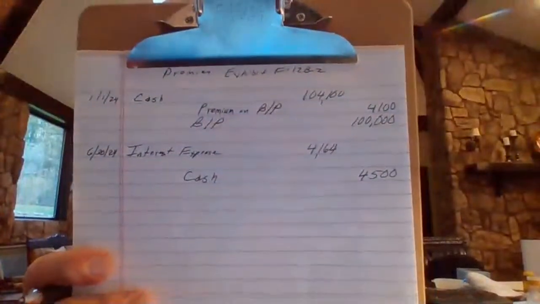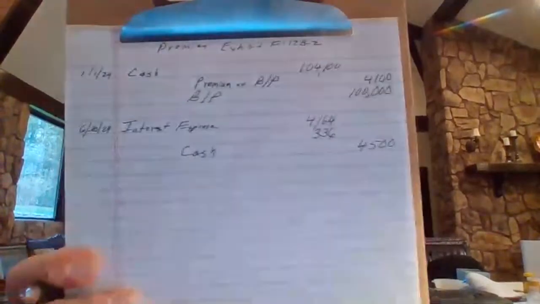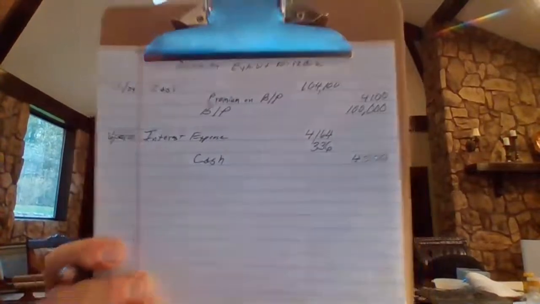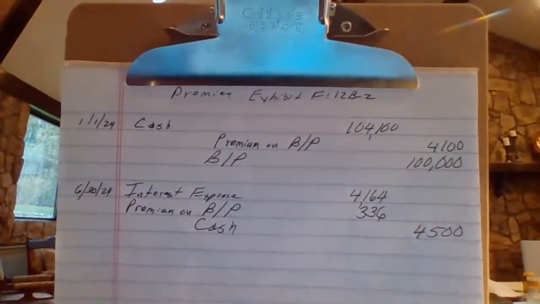And again, I have an inequality in my debits and credits in that journal entry, but I can make it balance. If I put 336 in the debit column, I now have $4,500 in debits and $4,500 in credits. All I need is an account. Well, what is that? That's the amortization of the premium on bonds payable. Yes, it really is that simple.